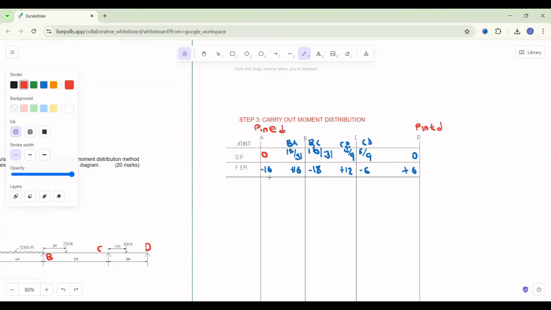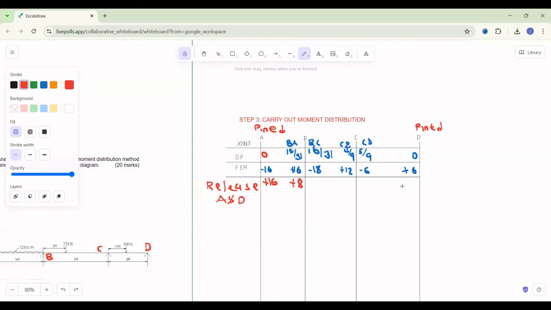So we are not going to do any distribution here, so we need to release both joint A and B. How do you do that? We add an equal and opposite moment here, and half of that is transferred to joint B. So we add plus 8 here.